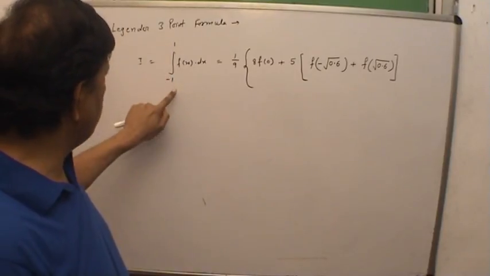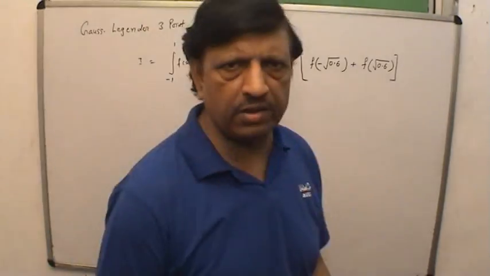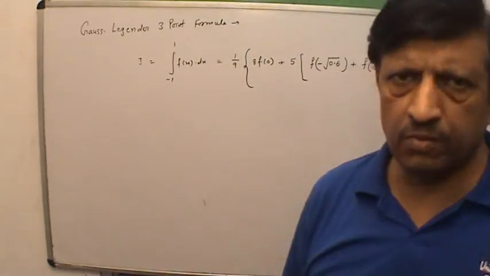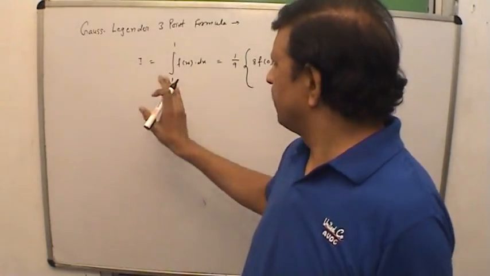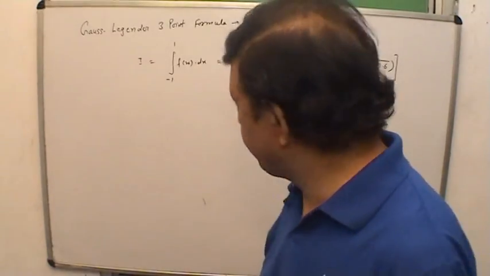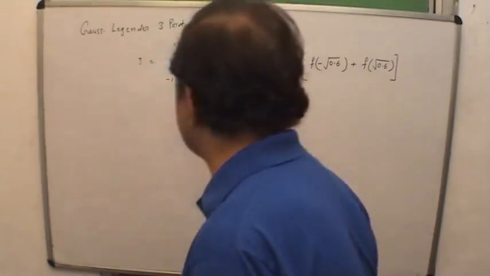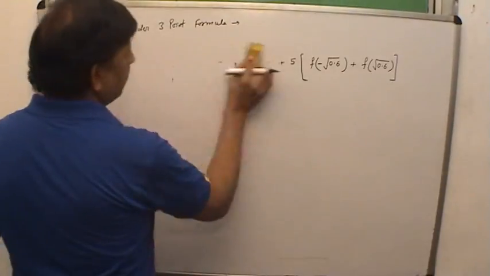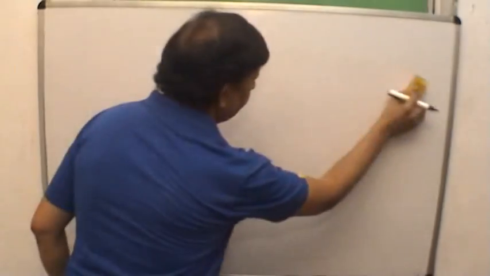If the given function does not obey this rule, then we will have to change it into the standard form. That we will see today, how to change a function which is not in the standard form.